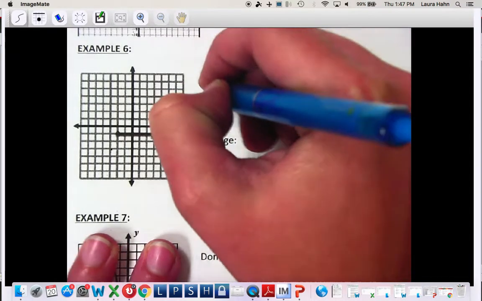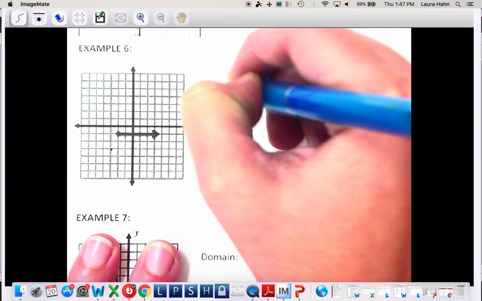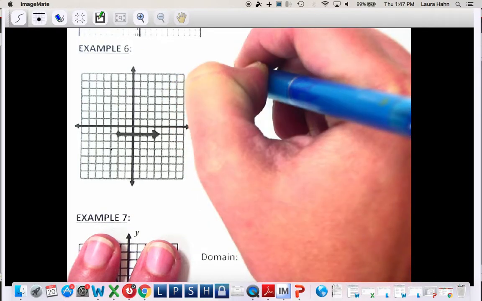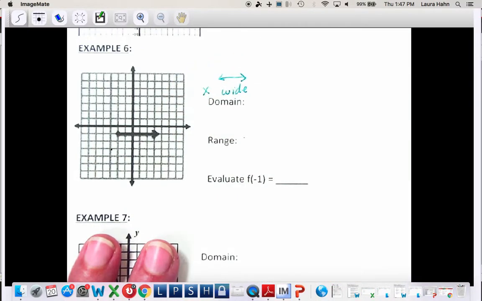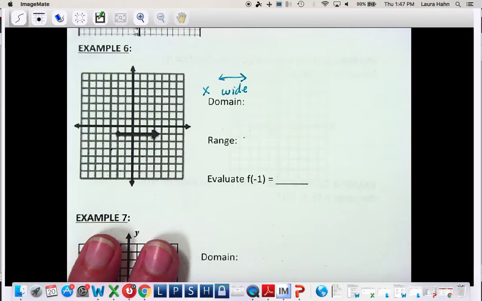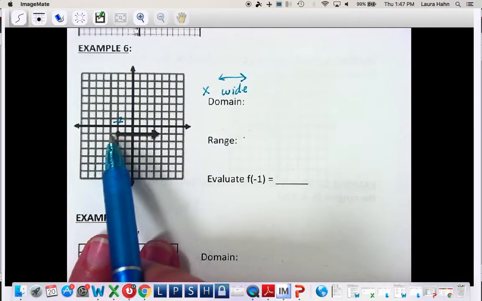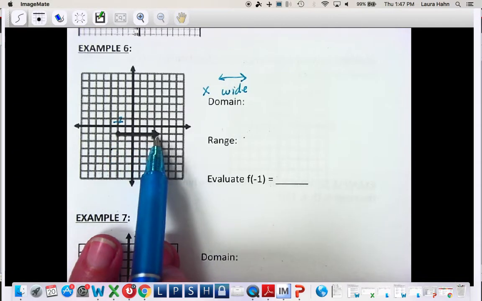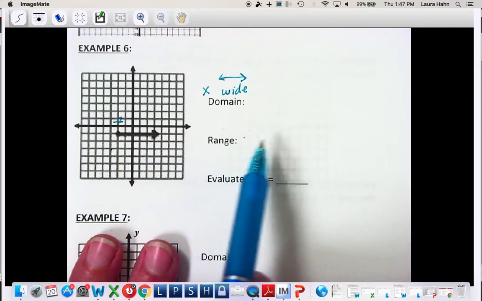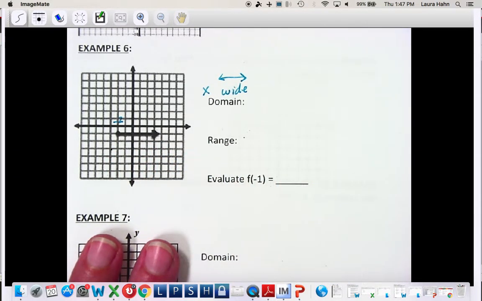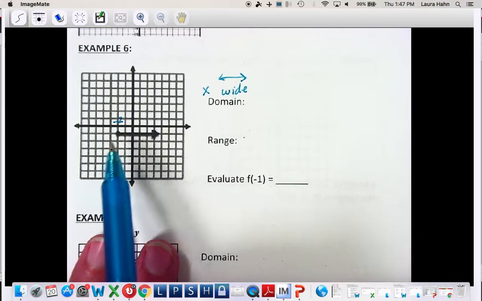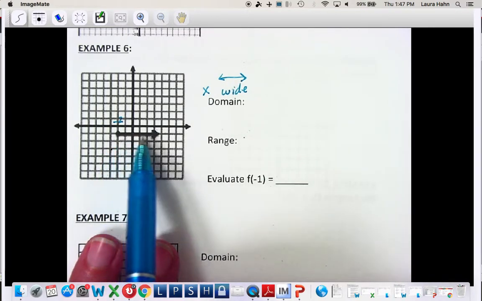So domain is x, which is how wide it is, because the x-axis goes left to right. Okay, this one's kind of weird because left to right starts here, which is at -2. Y'all see that? As I move to the right, there's an arrow, which means it's going to go on forever. So we need an inequality that represents starting at -2 and going forward always.